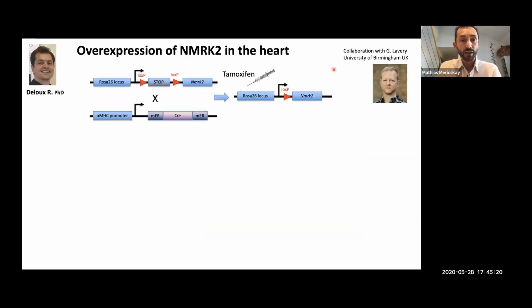He had generated these transgenes, which can be induced by removal of a stop cassette by Cre excision. We bred these transgenic mice with transgenic mice expressing the recombinase inducible by tamoxifen under the control of the alpha-myosin heavy chain promoter, so in cardiomyocytes only. And so we can obtain overexpression of NMRK2 targeted to the cardiac cells.